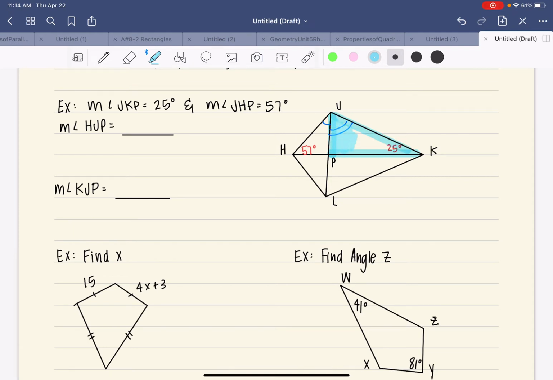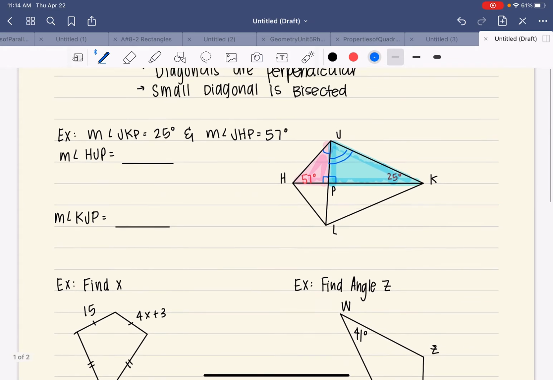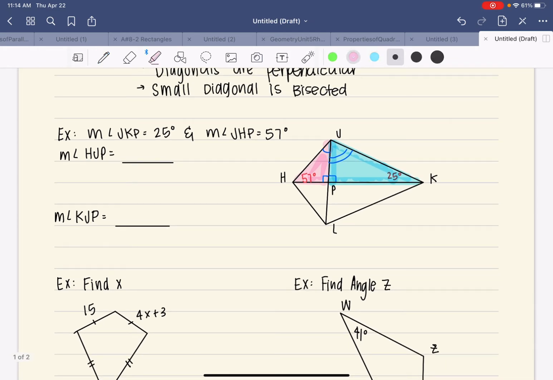I just mentioned how these are all going to be right triangles, and they're right triangles because the diagonals are perpendicular. So we are going to find HJP by knowing that in this pink triangle that I've highlighted, all the angles will add up and equal 180.